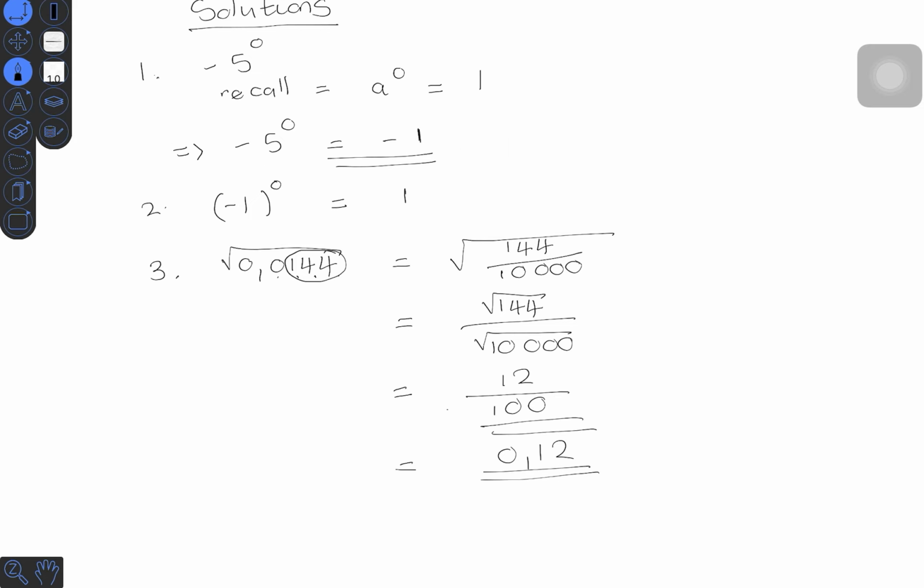Because remember, 12 over 100 is also the same as 6 over 50, which at the end of the day would be 3 over 25. So you can just reduce your answer like that, anything that is favorable for you.